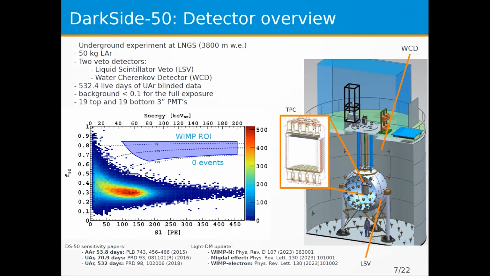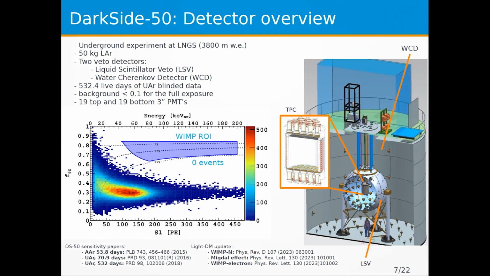So we had a couple of analyses. The longest one was for 500 days. That was published in papers like this. Right now we have a couple of new papers with the data from DarkSide 50, with some possibilities for lighter dark matter particles.